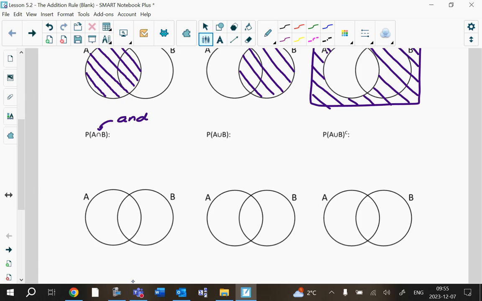So probability of A and B would be the probability A and B occur. They both have to occur. How do you think you would show that visually? Yeah, just the section where they overlap. Because in this three-quarter moon, only A is occurring. In this three-quarter moon, only B is occurring. In the overlap between them, both of them are occurring.